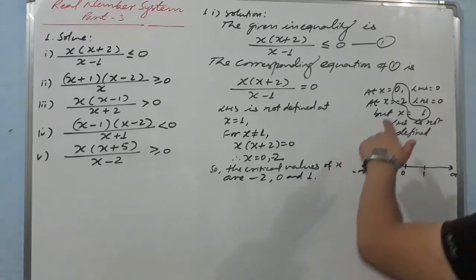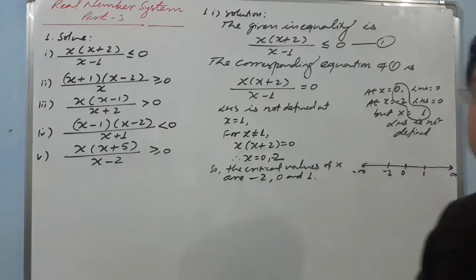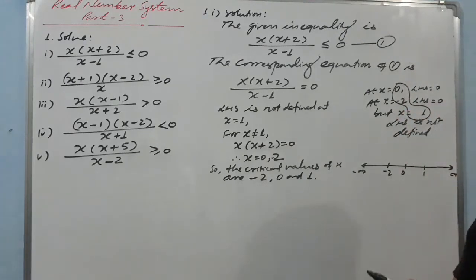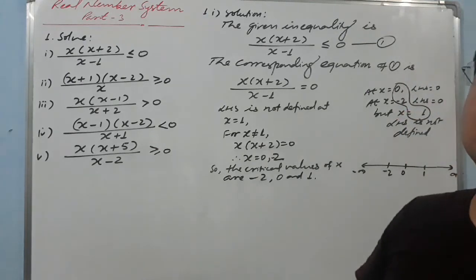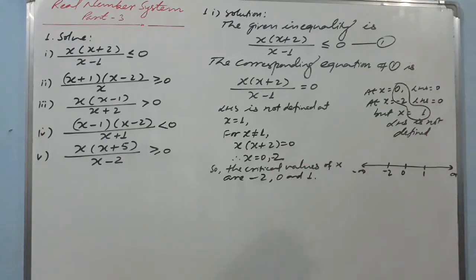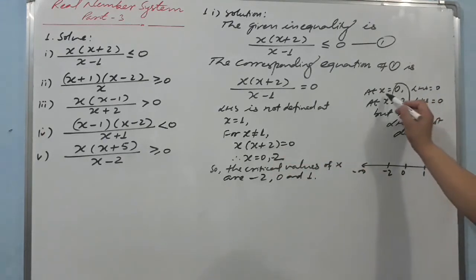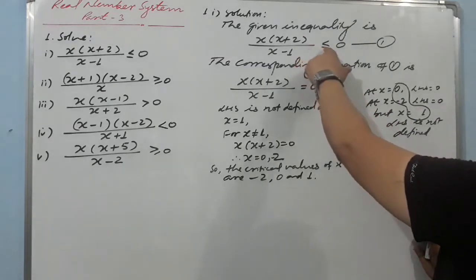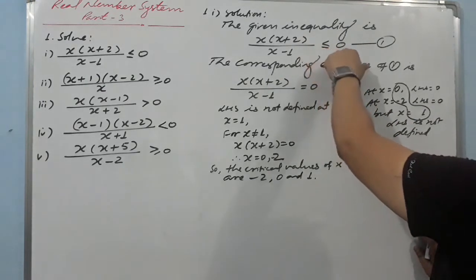Now look here. One more very interesting thing I'm going to tell you: how to use the square bracket or small bracket with these numbers. At x is equal to 0, we have equal to 0 in the inequality.